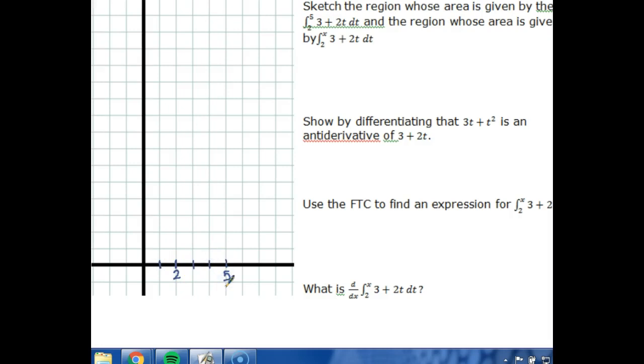So if you had 2 plugged in, we're just talking about this region.